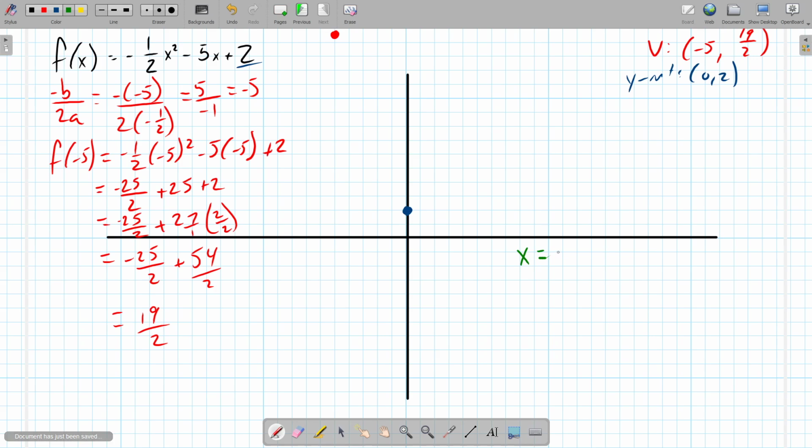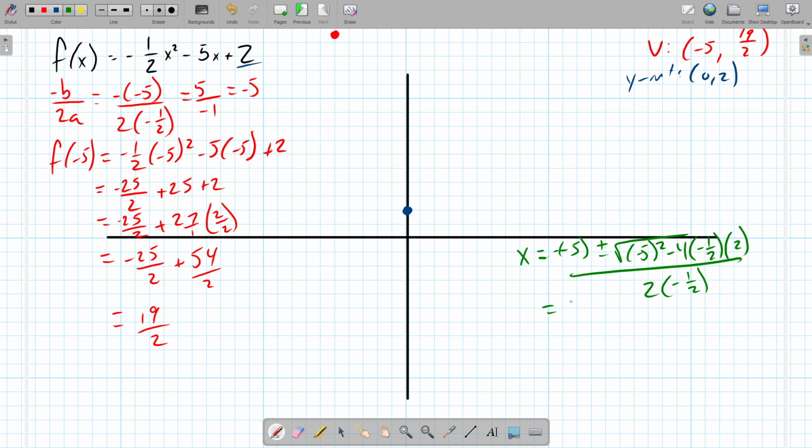X is equal to negative 5 plus or minus the square root of negative 5 squared minus 4 times a, negative 1/2, times c, positive 2, all over 2a.